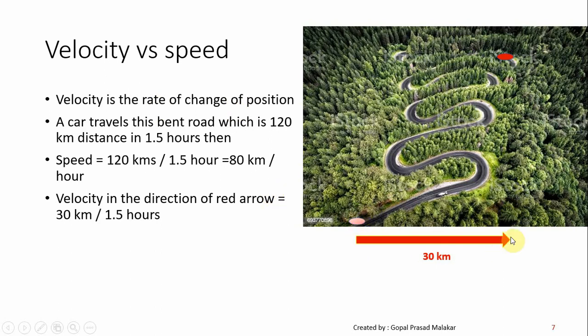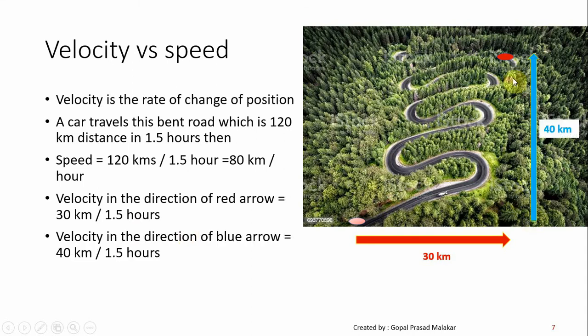It has changed by 30 kilometers in 1.5 hours, so the velocity is 30 kilometers divided by 1.5 hours. In this direction the velocity will be given by 40 kilometers, because from here to here it is 40 kilometers, divided by 1.5 hours.